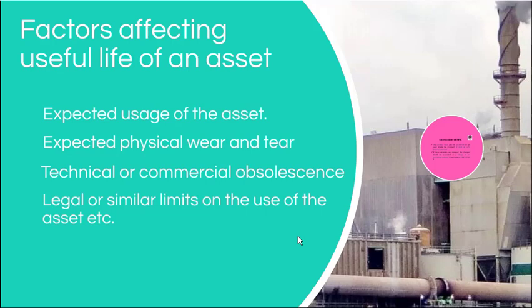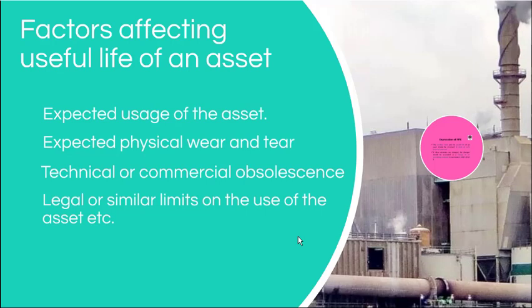Then technical or commercial obsolescence of the assets. Let's say you are using particular computer machines, and as a result of technical improvements, your computer machine may not be compatible with the advanced technology. Then legal or similar limits on the use of the asset.